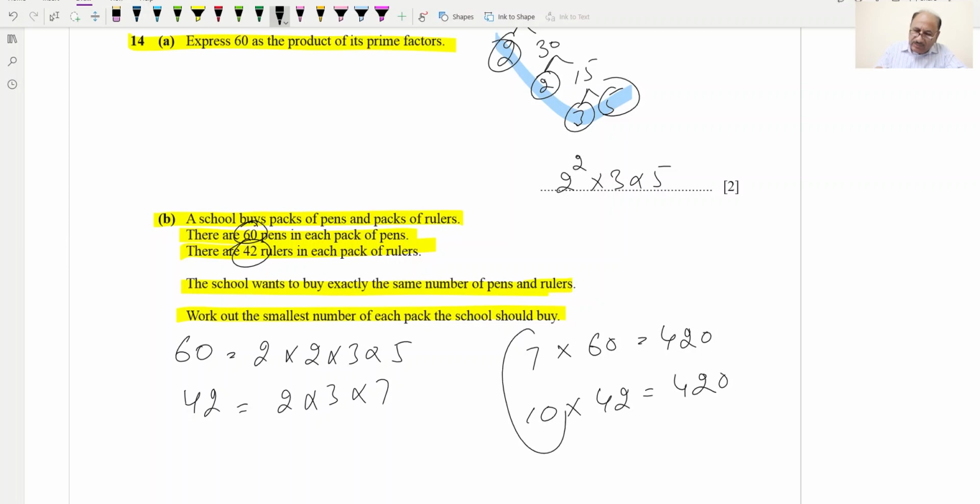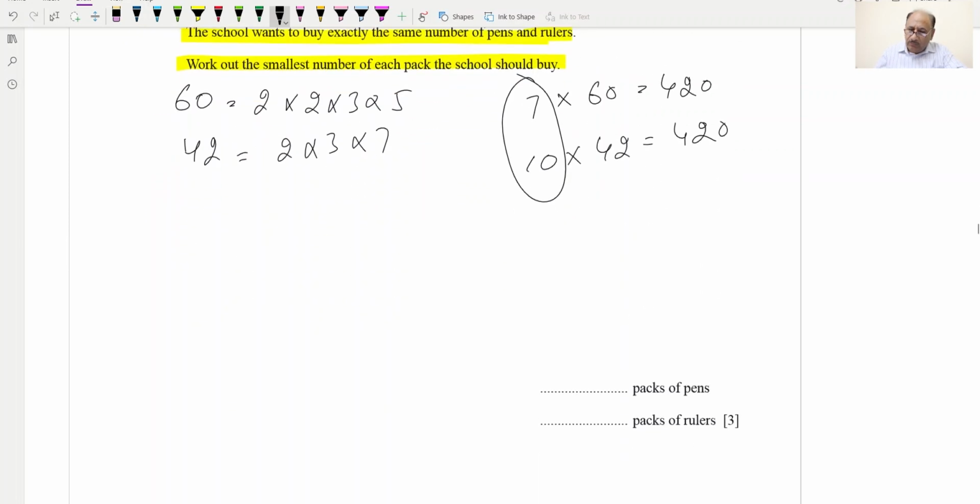So we can say that 7 pen packs and 10 ruler packs is the answer, and this will be a 3-mark question.